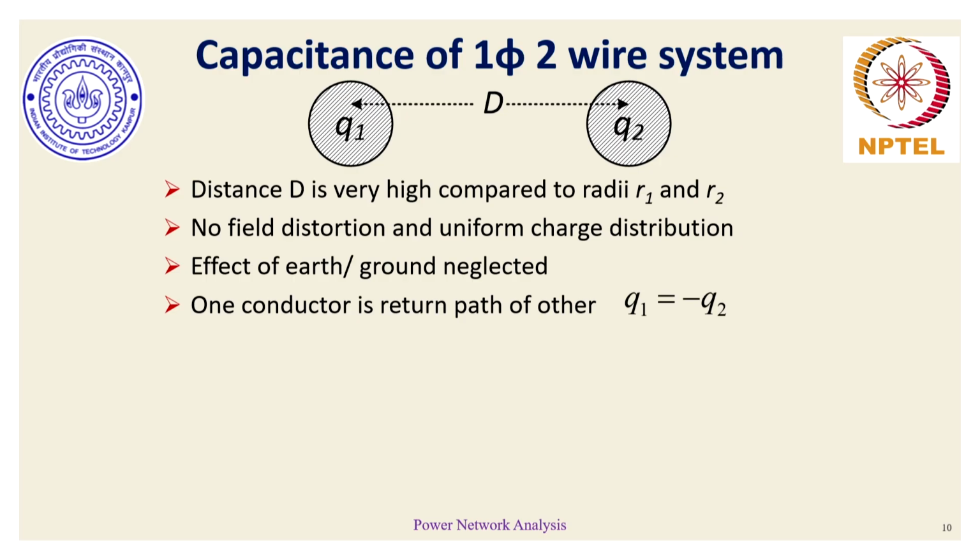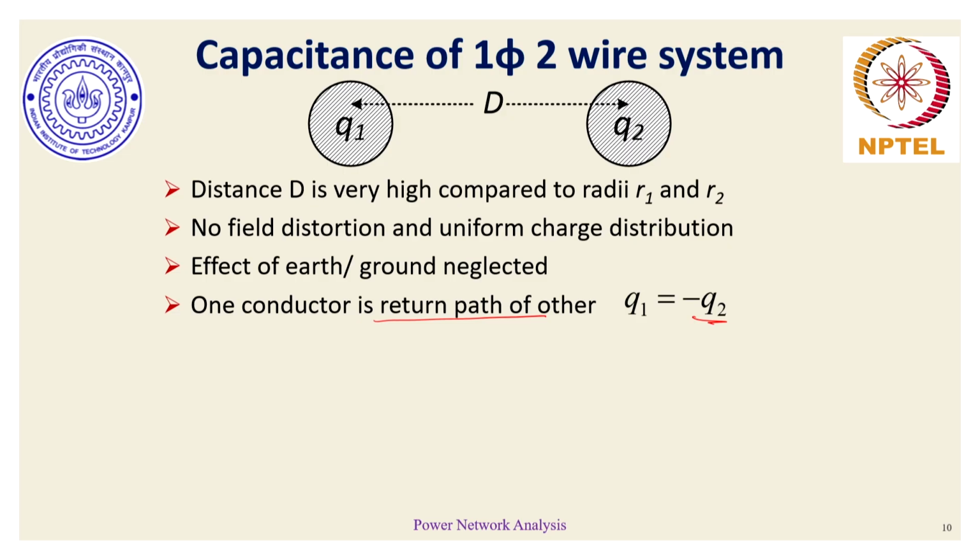One conductor is acting as a return path for the other. So if Q1 exists on one conductor, at the same point of time the other conductor should have the negative charge of it, and that's how the current balancing would happen, because it's a single phase two wire system where one wire is acting as a return path for the other conductor.